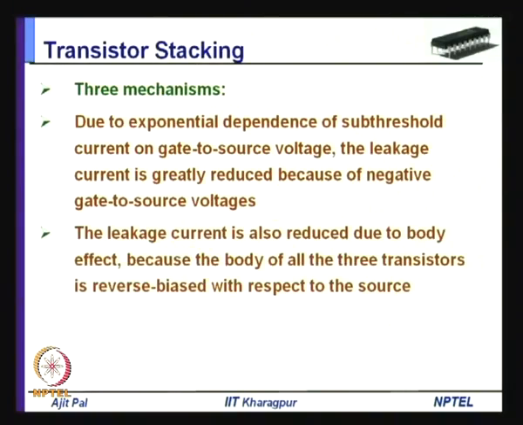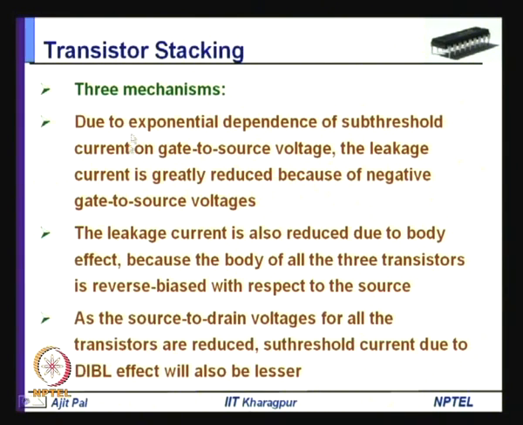This will lead to smaller leakage current because of the DIBL effect, drain induced barrier lowering. Smaller the drain voltage, smaller will be the leakage current due to DIBL effect. So, because of these three phenomena, there is a reduction in the leakage current.